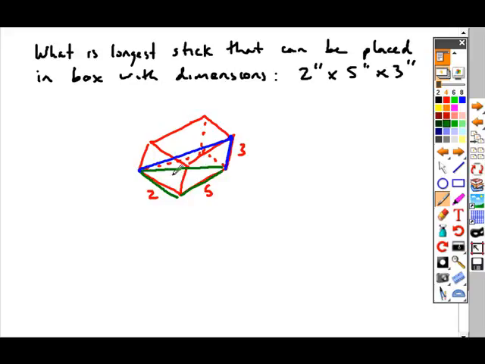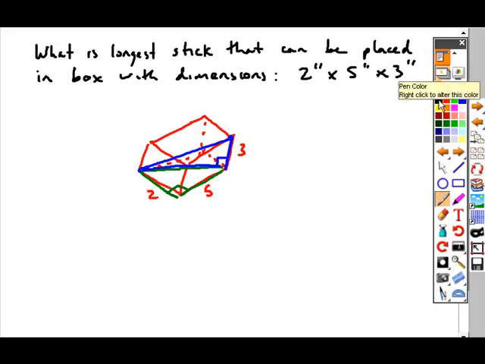And the reason for that is, what kind of shape is formed in green here? A right triangle. Okay, so when we look at the upper part, that diagonal across the bottom also happens to be a leg of a right triangle in blue that allows us to find that diagonal across.